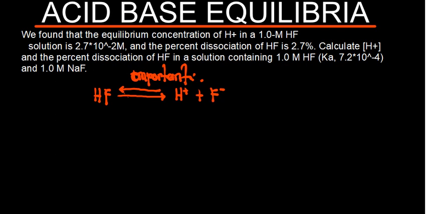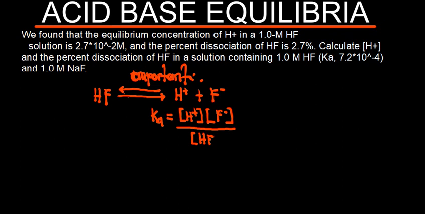The Ka expression we derive from this reaction is Ka equals the concentrations of the products, the concentration of the H plus multiplied by the concentration of the fluoride ion, divided by the concentration of HF.